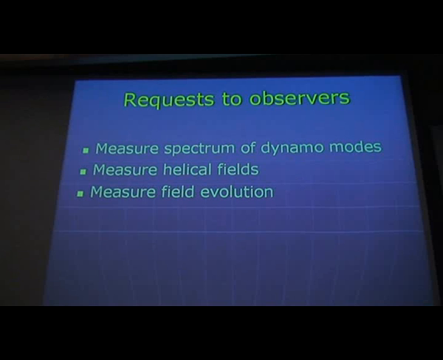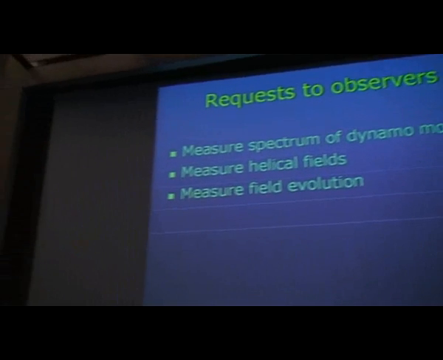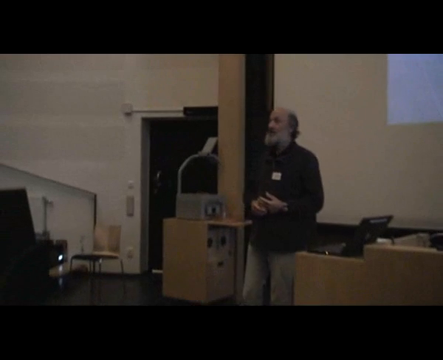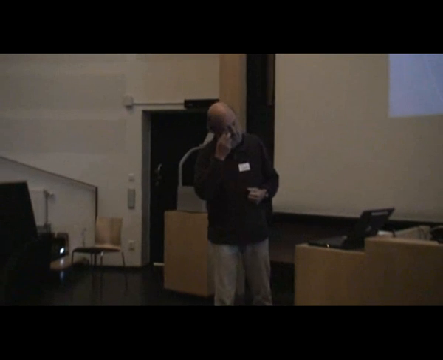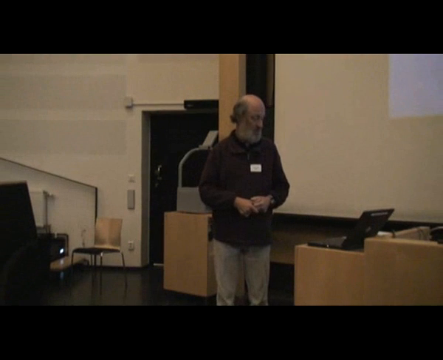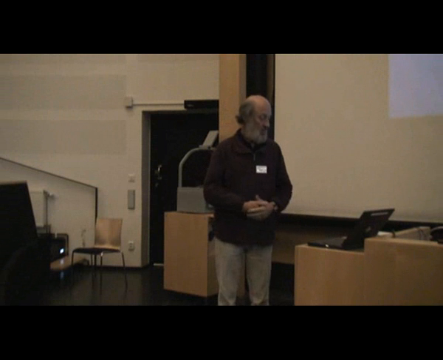This is something we have to do, and we all know that we have to measure helical fields, so this can be done observationally. We have ideas how to do that, and we will try to do it. Whether it will be possible within the next years, it's not clear. And we have to measure field evolution, at least in galaxies. We can go to distant galaxies, we can do it, and this is one of the key projects, for instance, for the SKA, and I'm sure there will be many more of these points to do.